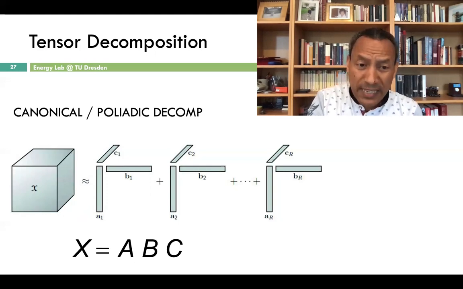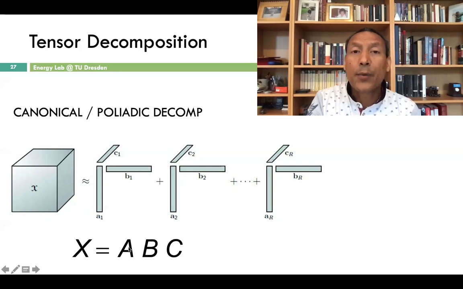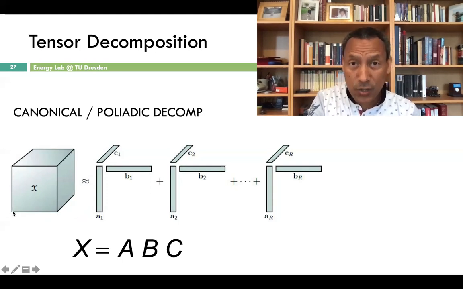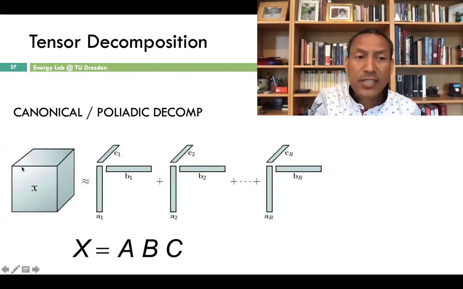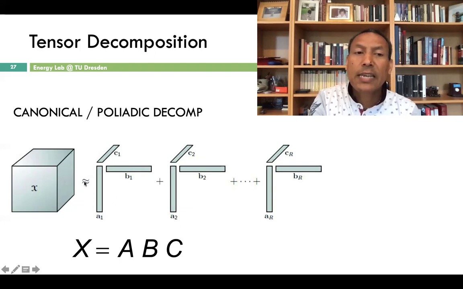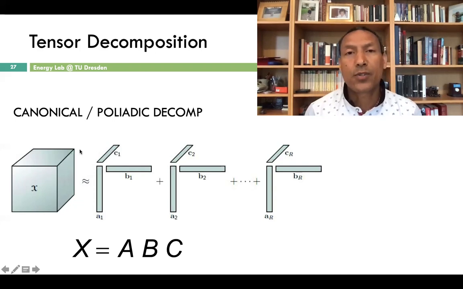The matrix A relates this dimension with the hidden features. The matrix B relates this dimension with the hidden features, and the matrix C relates this dimension with the hidden features.